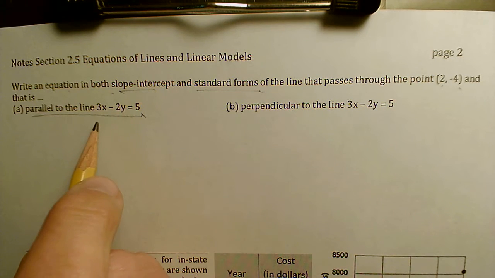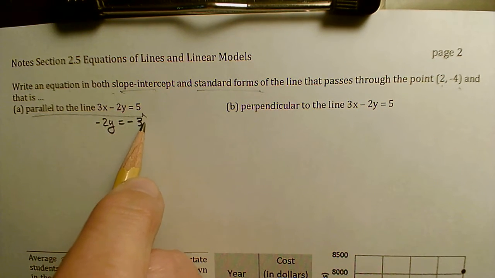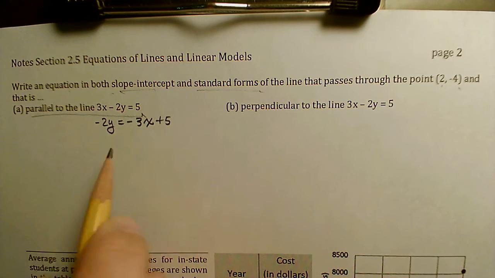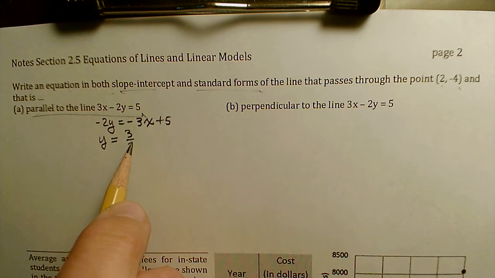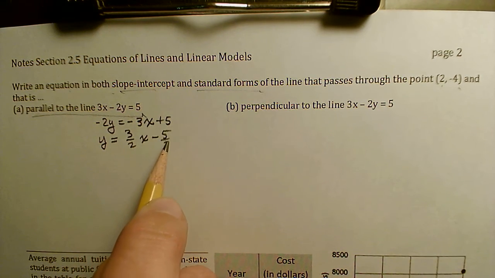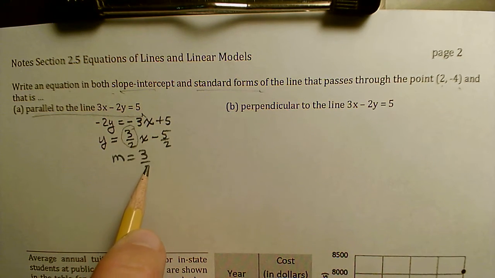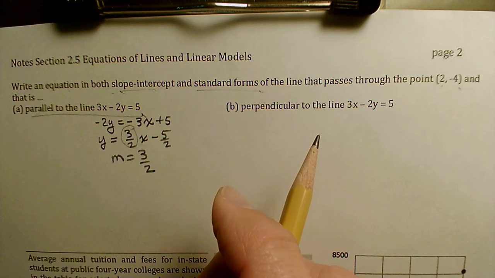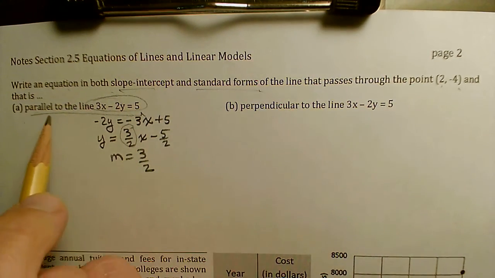So I'm going to take this one and just rewrite it. -2y equals -3x plus 5. And then let's divide through by -2. So we have a slope of 3/2 x minus 5/2. All right, so what we want is the slope is 3/2. And so if the slope of this other line is 3/2, that means ours is parallel.